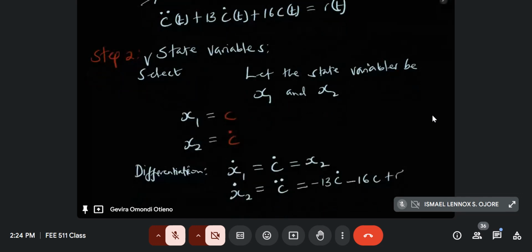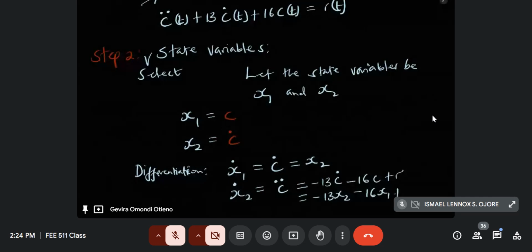I want all my equations to be written in terms of x1 and x2. So this is easy because I know this is the same as minus 13. Then I just come and see what is the derivative of C. That is x2. So I'll write this as x2, minus 16. What is C? C is x1.